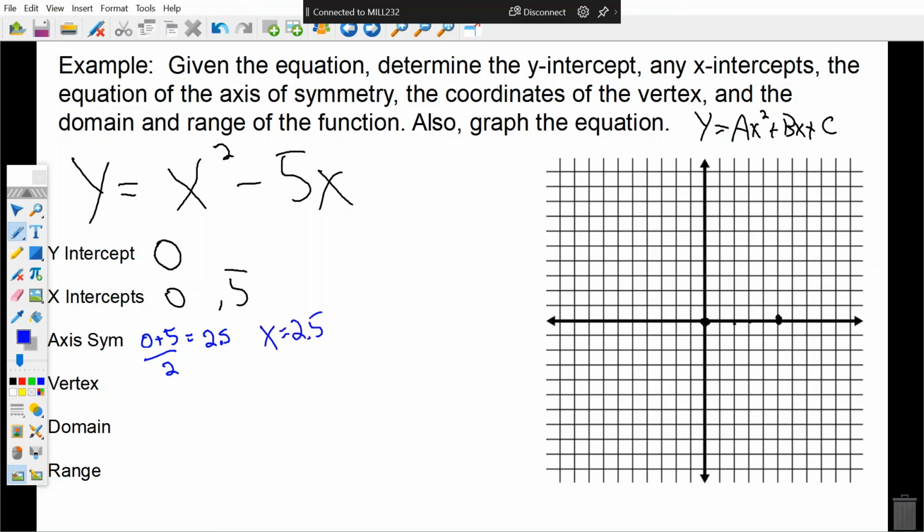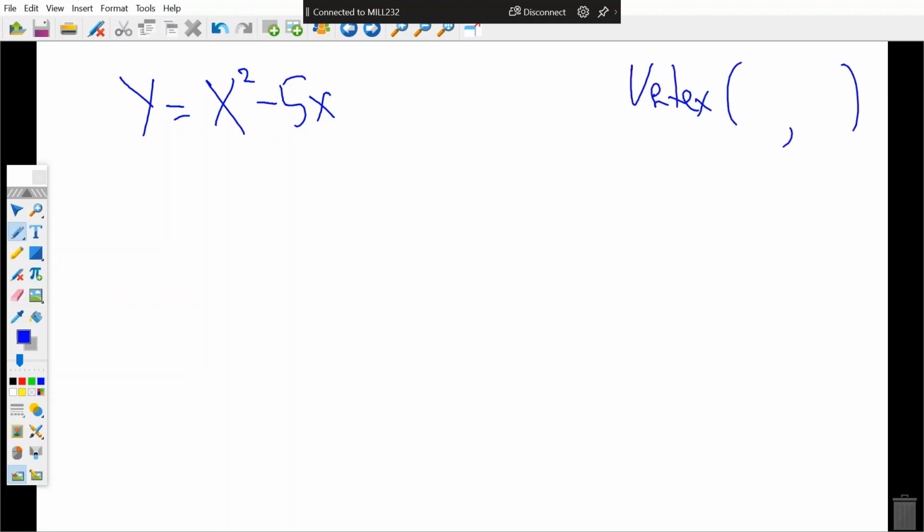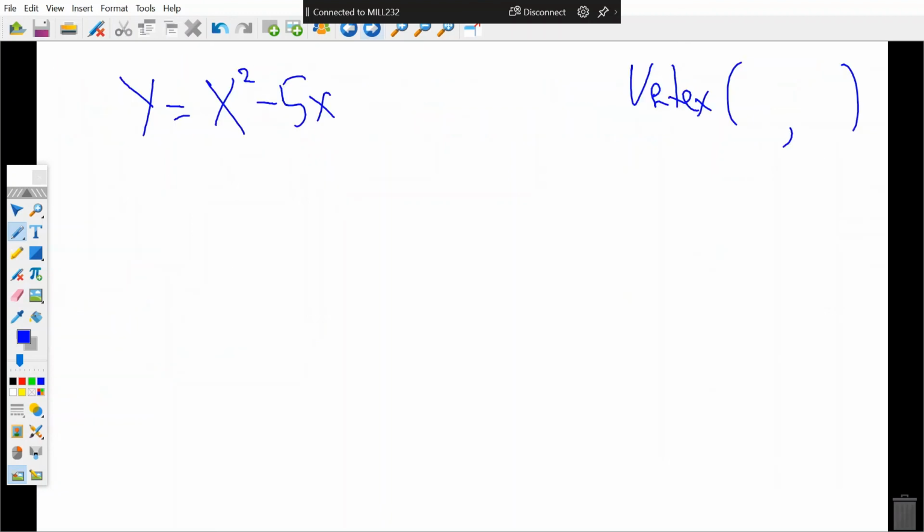The vertex, again, I'll click to a new slide, equals x squared minus 5x, right? The vertex, so we're trying to find. We know the x value of the vertex is the same as the axis of symmetry, which is 2.5. 2.5, and we want to solve for y.